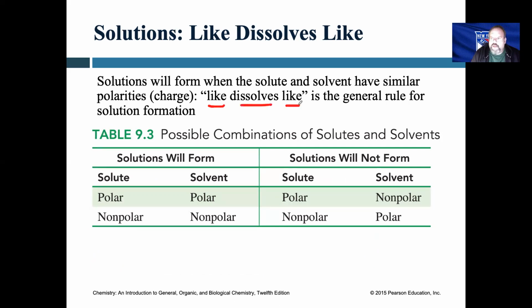In other words, for all intents and purposes, the solute and the solvent have to be similar to each other in terms of charge. Now, in essence, like dissolves like could mean some other things, like type of compound, for instance, like in the solubility lab, organic versus inorganic. But in reality, when you think of like dissolves like, most often what it refers to is charge, that the solute and the solvent have to be similar in charge in order for the solute to dissolve in the solvent. And we'll go into more about that as we go forward.